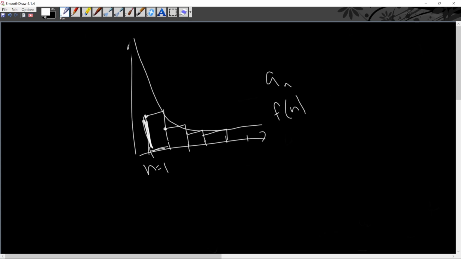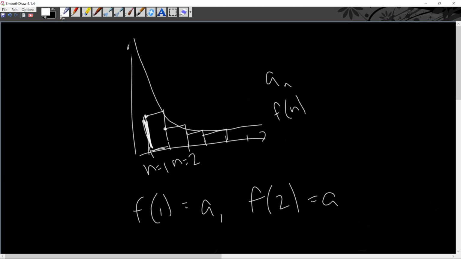So we're going to say that n is equal to 1, n is equal to 2, and I hope you can see that f of 1 should equal a1, and f of 2 should equal a2, and on and on.